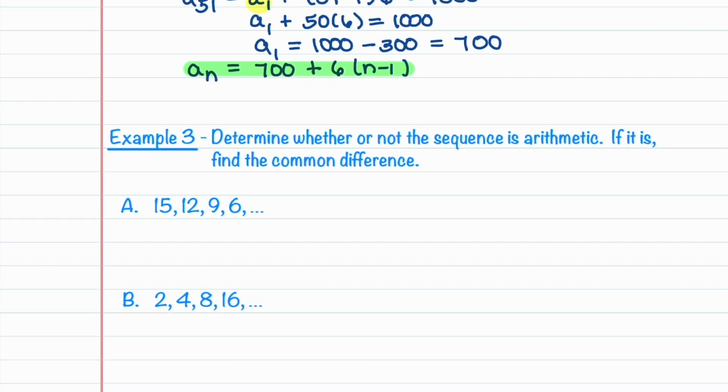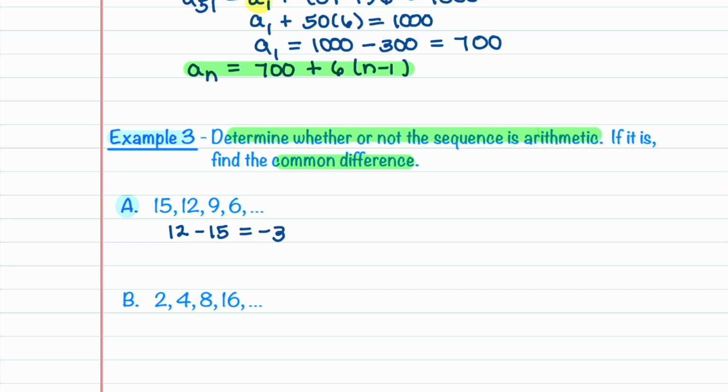Now that we understand arithmetic sequences, we're going to look at an example, and we're going to be given a sequence, and we have to determine whether or not the sequence is arithmetic. If it is, we want to find the common difference. Let's look at our first example. We know that a sequence will be arithmetic if it has a common difference. So I'm going to take our second term and subtract our first term and I get -3.